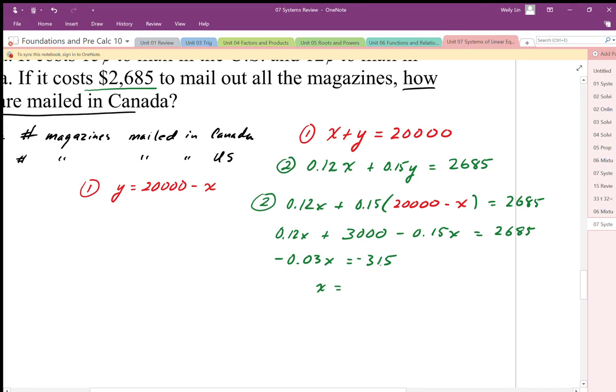That's going to end up being 105, and then add the two zeros on there.